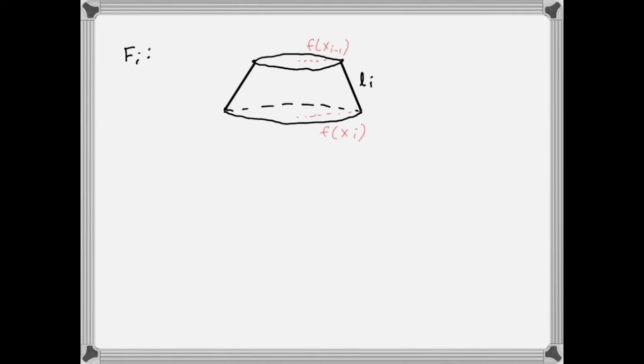So let's write down the area of this thing. Based on the formula we wrote down earlier, the area of this frustum is equal to 2 pi times the average of the two radii, and then times the length.